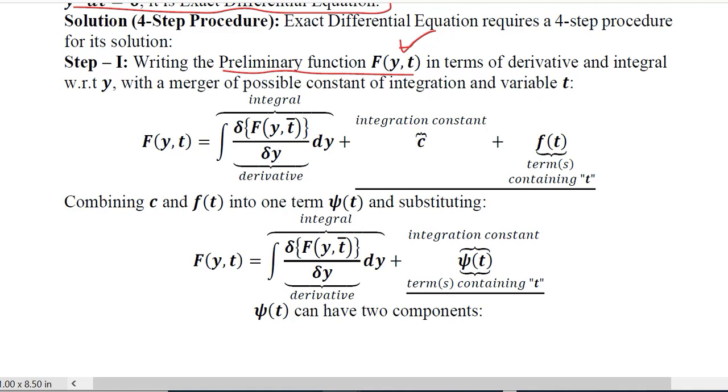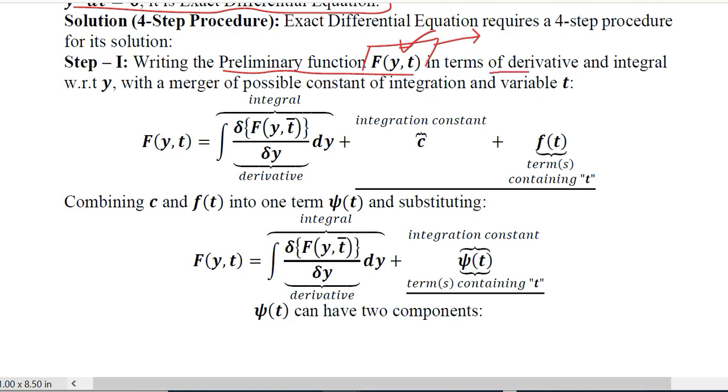Since exact differential equations appear in function form, we have written f(y, t), and we have kept the constant on the right-hand side, which is not mentioned here because we only need the left-hand side. So this is the preliminary, or tentative, not the final version of the function, which will be the solution at the end.